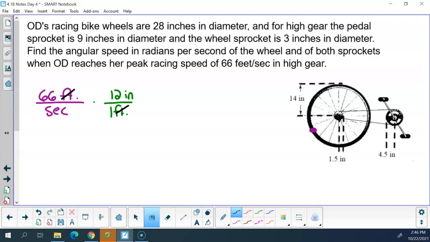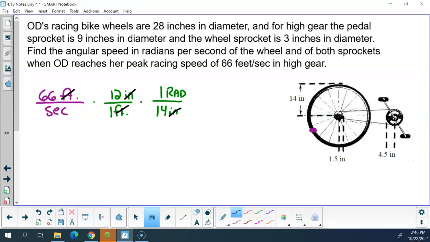What radians and what inches? You would do 14 inches and 1 inch. What is that one?